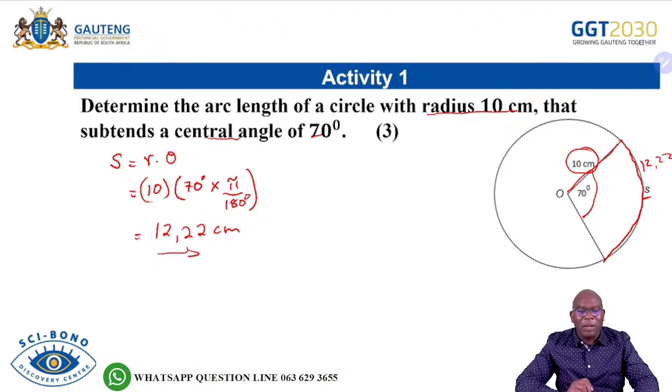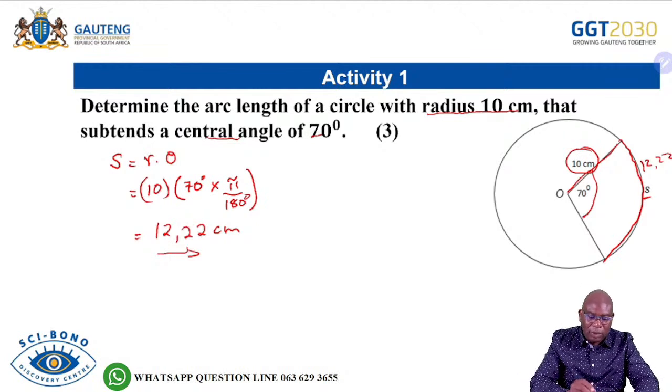If you don't change the degrees to radians, you are going to get 10 multiplied by 70, which is 700. That length cannot be 700 centimeters. You would then multiply by pi and divide by 180 degrees, and your answer becomes 12,22.